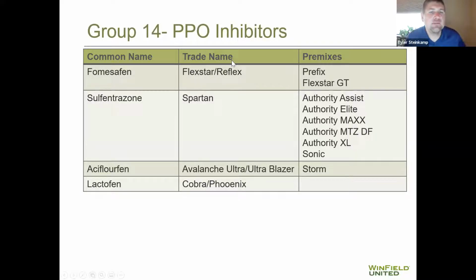Flexstar has some soil activity, guys, but I wouldn't claim Flexstar to have great soil activity, especially against something like waterhemp. It has great soil activity against corn the next year if you don't get it applied on time in the soybeans the previous year. However, we do have a little bit of residual control on Flexstar as well.